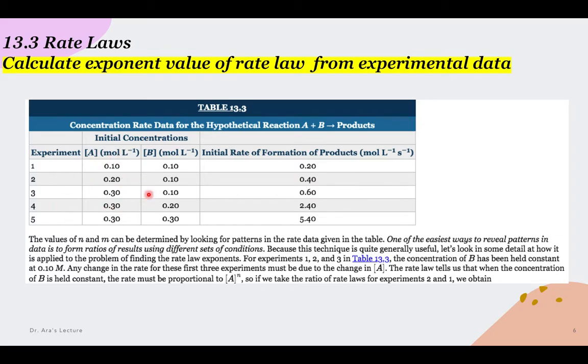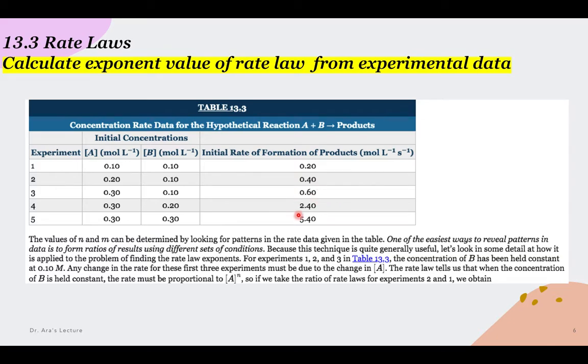So we can find the rate of 5 with respect to 1, the rate of 4 with respect to 1, the rate of 3 with respect to 5, like that.